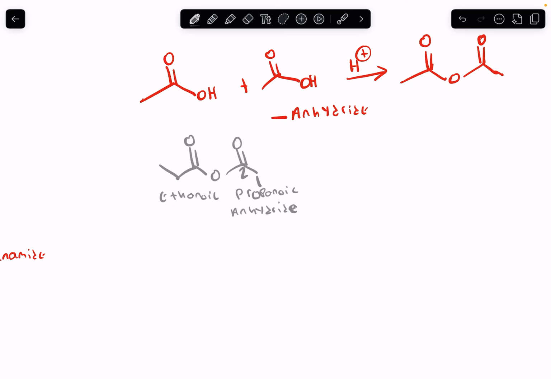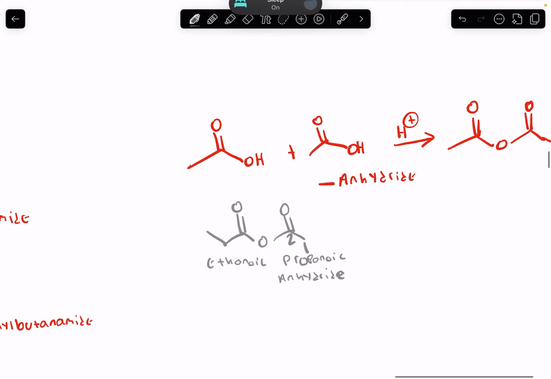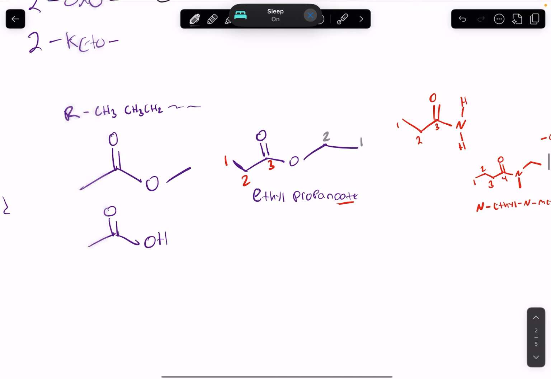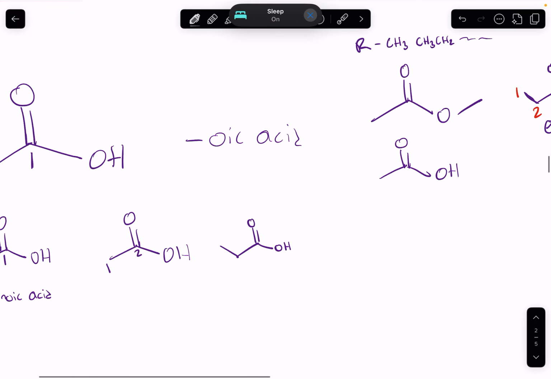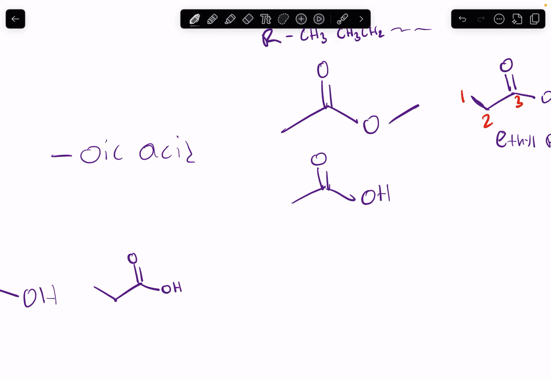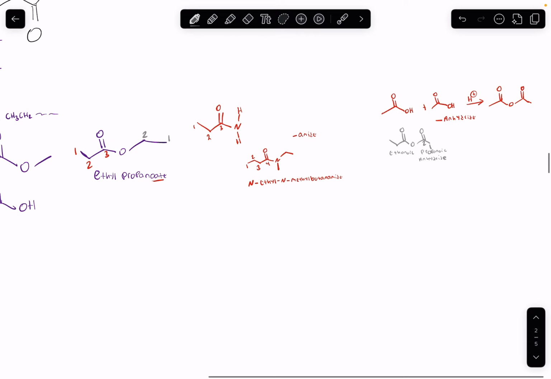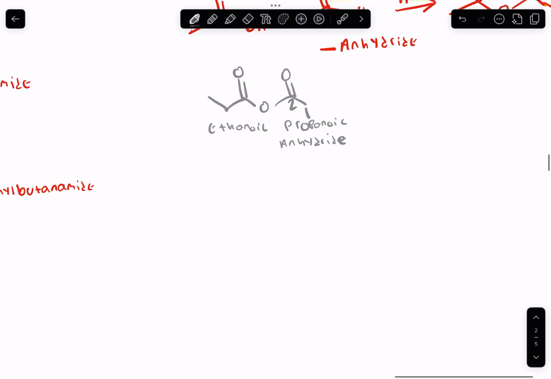So anhydrides, because they're made from these guys, it's still going to be oic, because it's two carboxylic acid groups together. When you name your anhydride, because these groups were once acids, instead of oic acid, you have oic anhydride.